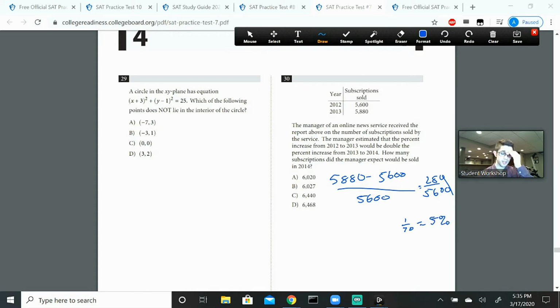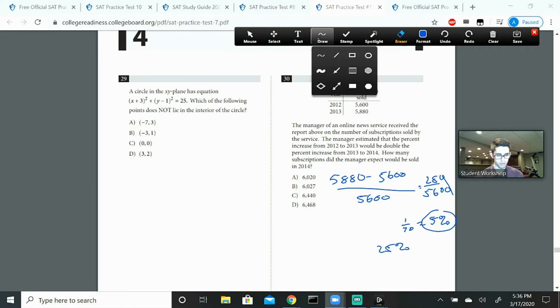Now he says he estimates that will be double the increase from 2013 to 2014. So this is twice as big as we need it to be for our next step. So the new percent increase is going to be 0.025, not percent, 2.5%. And that's just an increase on 5,880.